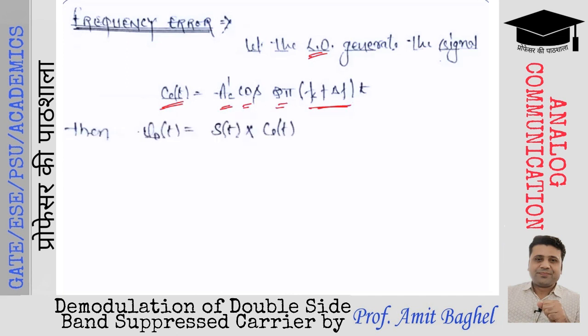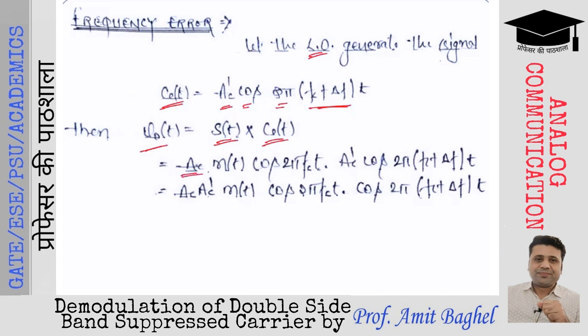Now, v0(t), the output expression of the multiplier, will be s(t) multiplied with c_l(t). Substituting these two values, s(t) is Ac m(t) cos of 2 pi fc t and c_l(t) is Ac dash cos of 2 pi (fc plus del f) t. Rearranging the terms, Ac dash m(t) cos of 2 pi fc t cos of 2 pi (fc plus del f) t.